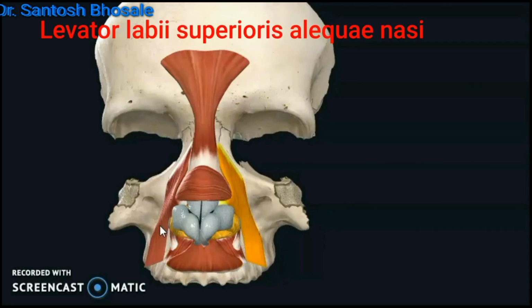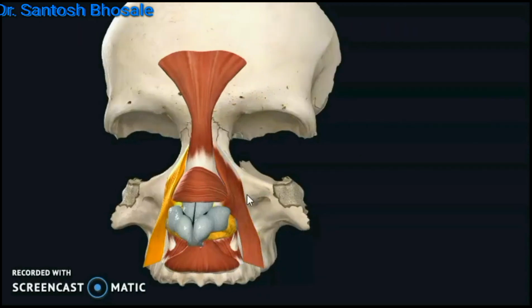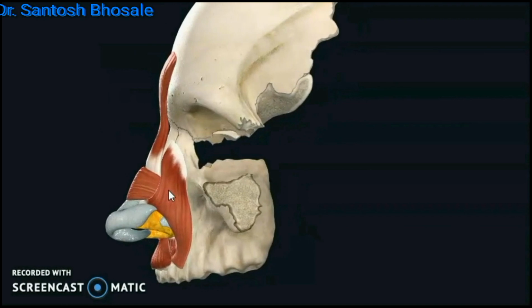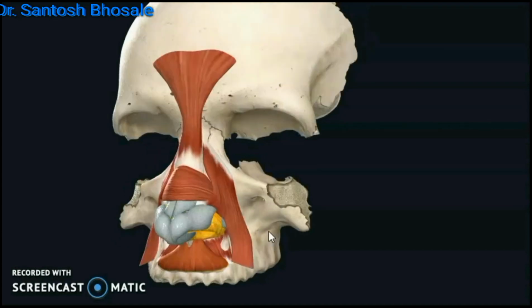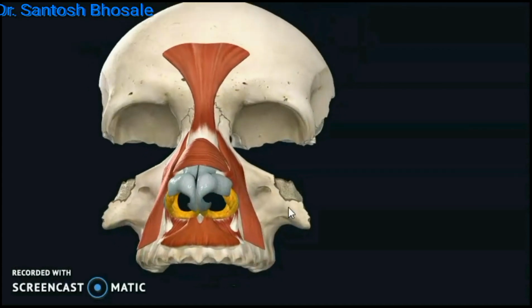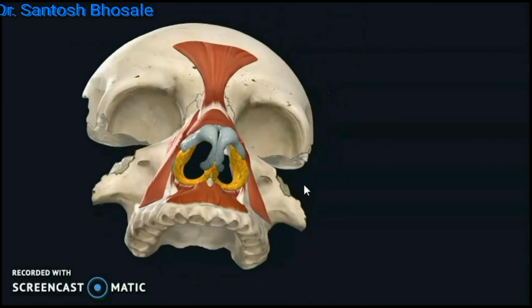On either side you are seeing levator labii superioris alaeque nasi, the muscle with the longest name, you can say. It has action both on the upper lip and nose. So these are the muscles of the external nose that you are seeing here.